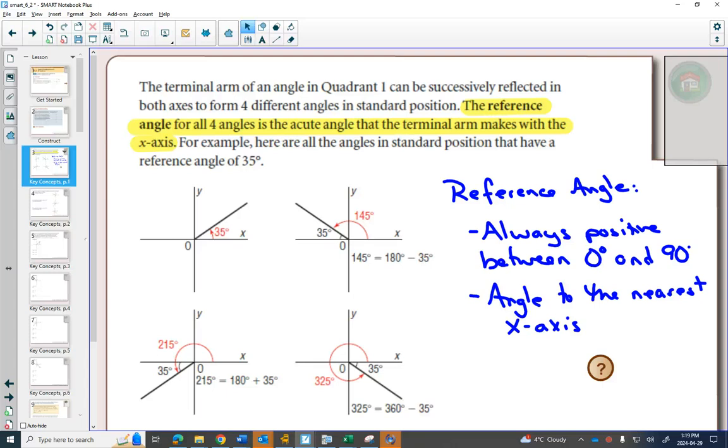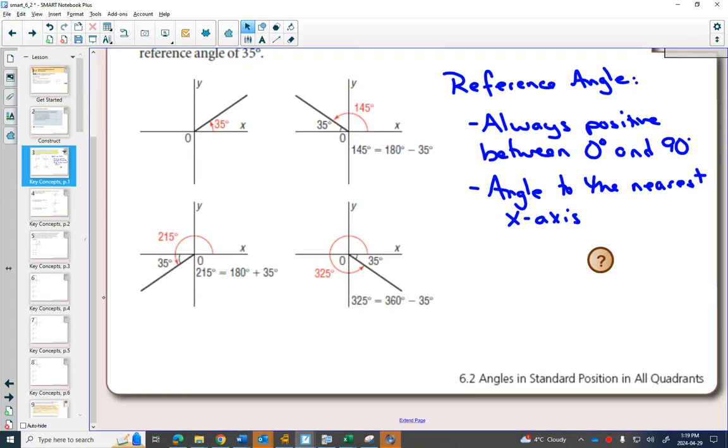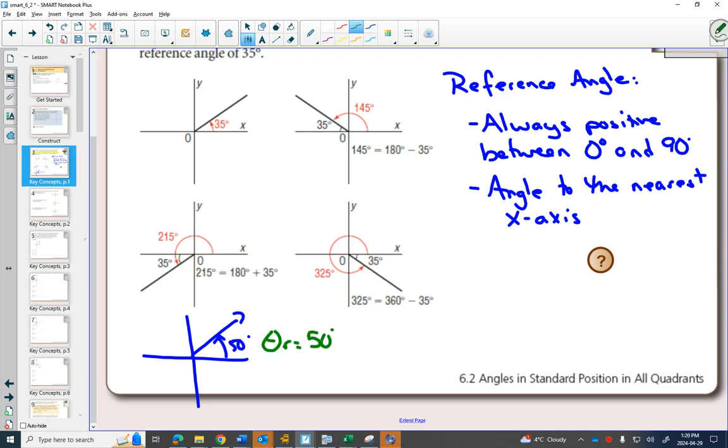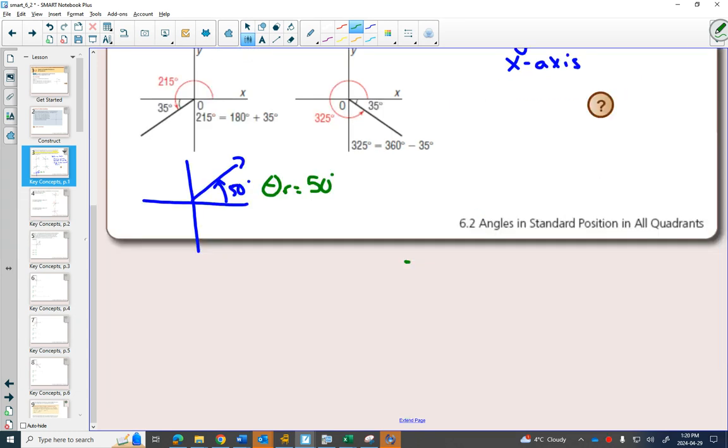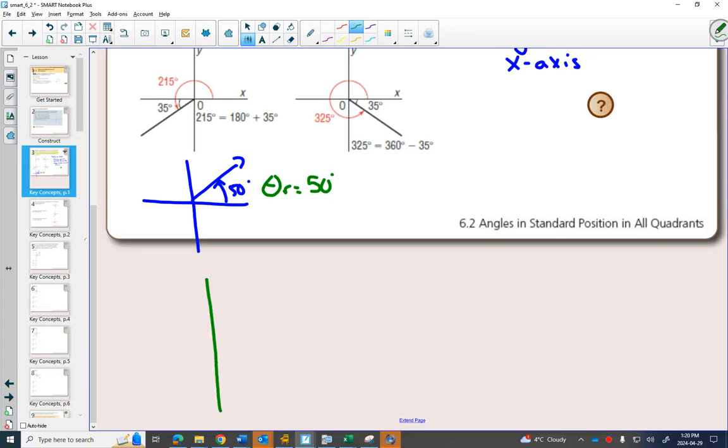So the question is, how do you find a reference angle? Does it make sense that in quadrant 1, if I tell you an angle in quadrant 1, then the reference angle is identical to the angle? If I tell you an angle in quadrant 2, your reference angle always has to add up to 180, because halfway around is 180 degrees.